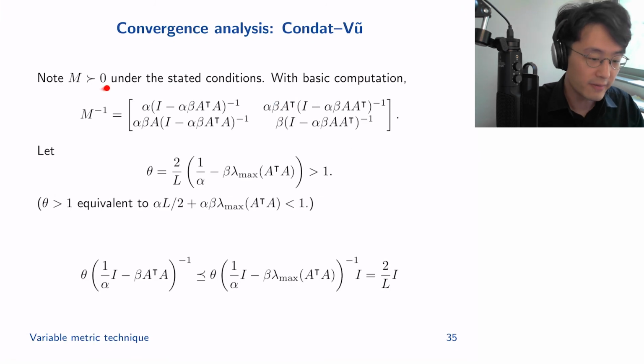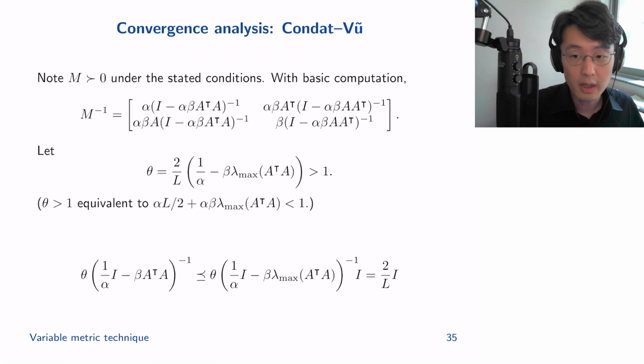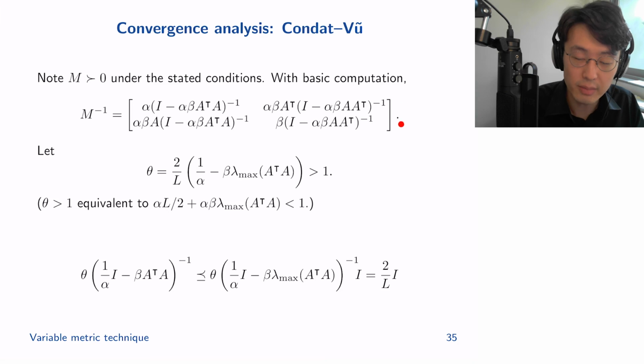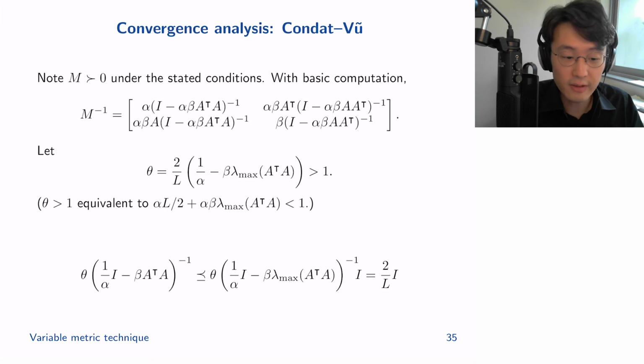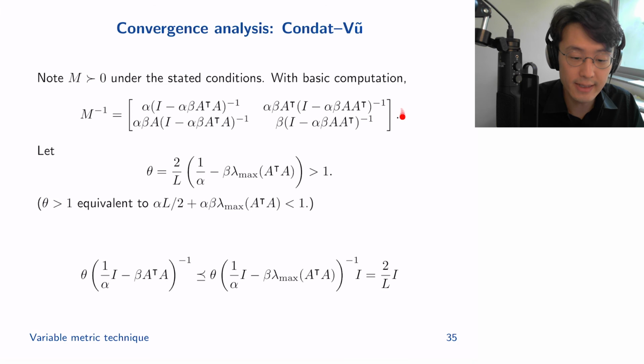So M is positive definite under the stated conditions, and by utilizing basic, somewhat tedious computation, we can obtain the inverse of the matrix M. So M inverse can be written in this manner. I won't go through the steps of performing this computation, but I'm asking you to believe the result. If you don't believe me, you can multiply M by M inverse to verify that this is indeed the inverse of M.